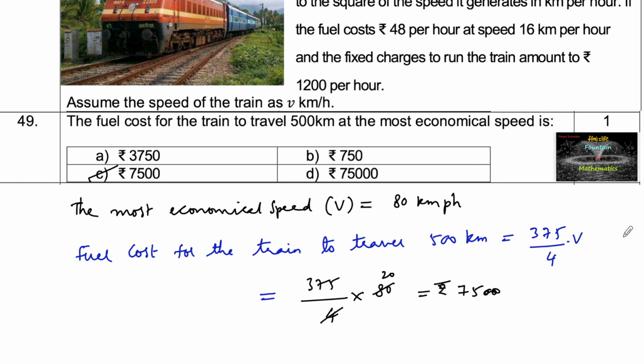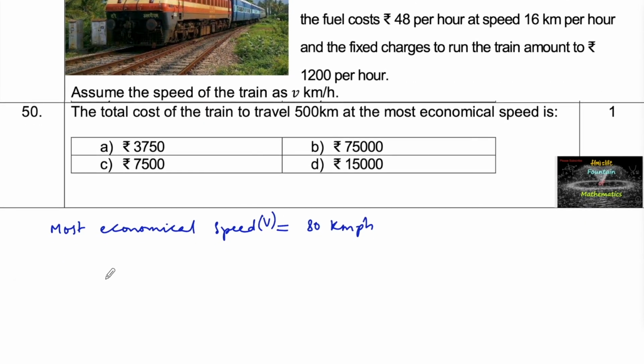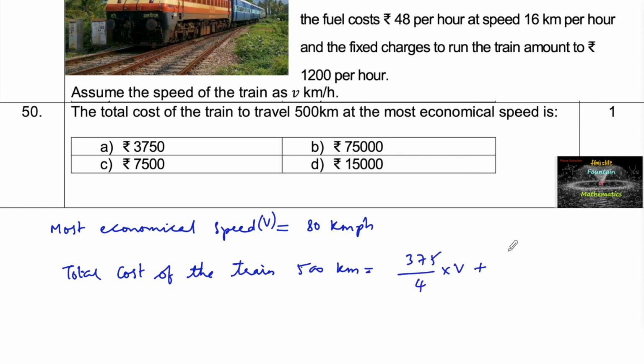Okay, now let's see another problem. Now the total cost of the train to travel 500 kilometers at the most economical speed, the most economical speed is 80 kilometers per hour, and also we have seen that the total cost of the train to travel 500 kilometers is equal to 375 upon 4 into v plus 6 lakhs upon v.